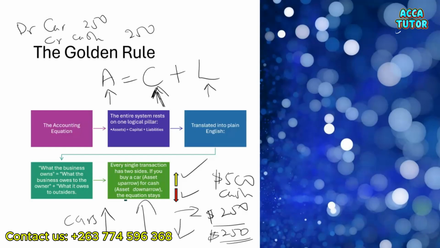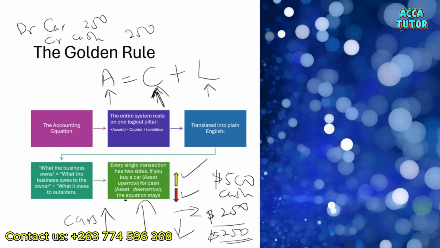But sometimes it can happen that it will trigger an increase and an increase. As you will be doing examples, you will see what will be happening. But one thing for certain is that a transaction is going to trigger a debit and a credit.